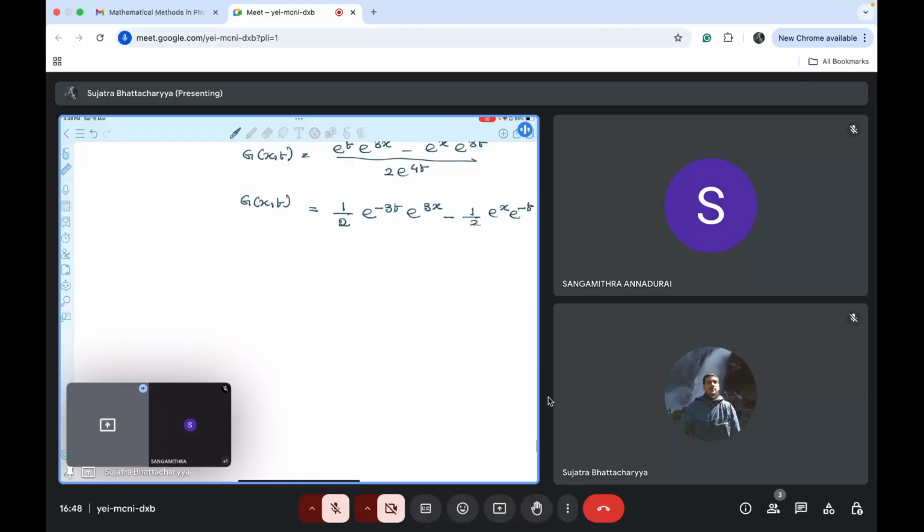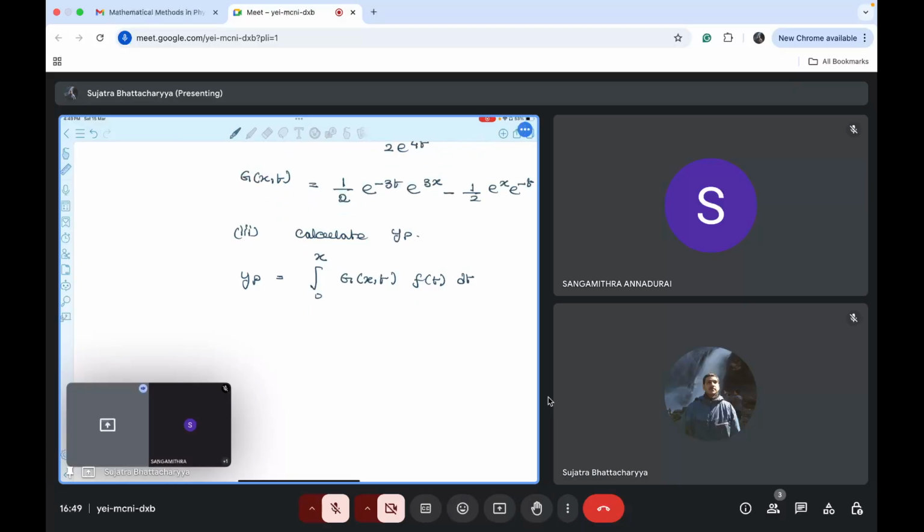Okay, so g of x, t, the Green's function, is ready. Now the only part is the third part, which is to calculate y. All right, so let's do the yp. This is the integral from 0 to x of g of x comma t times f of t dt.